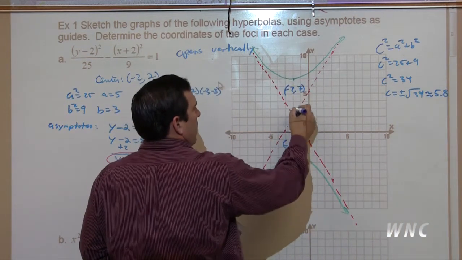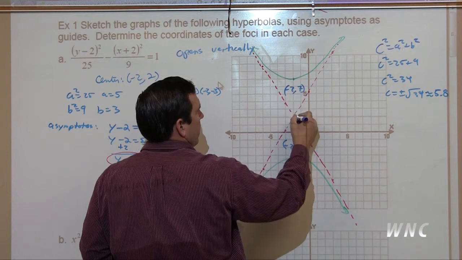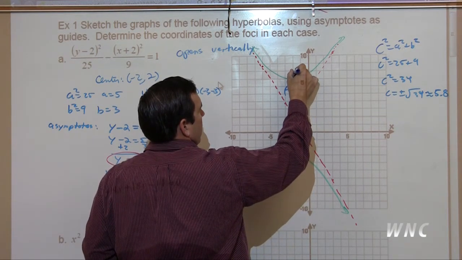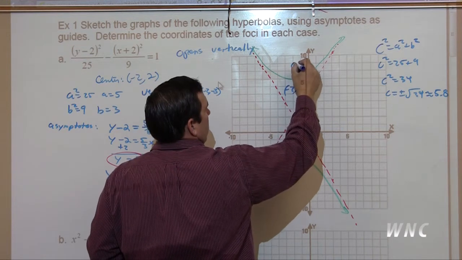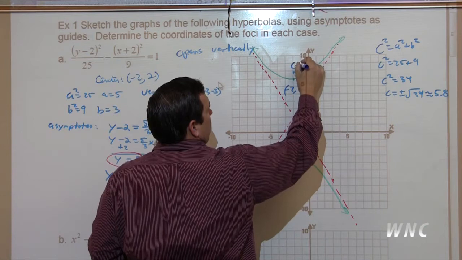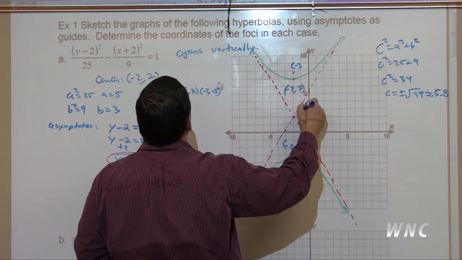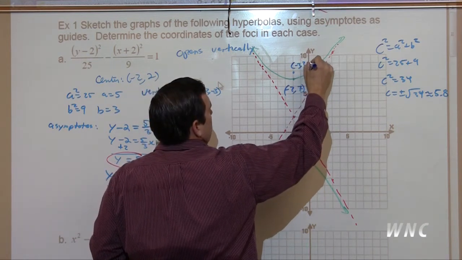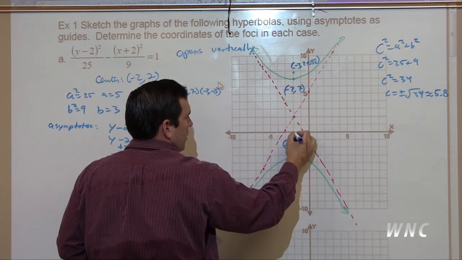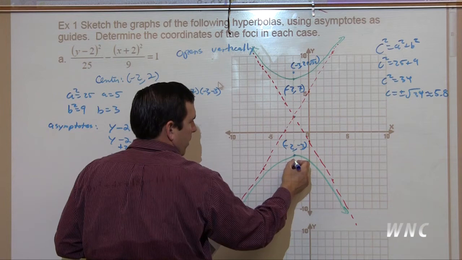So that means we're going to go up 5.83, 1, 2, 3, 4, 5, right about there. That'll be at negative 2, comma, 2 plus the square root of 34. Go down 5.83, 1, 2, 3, 4, 5, right about there.